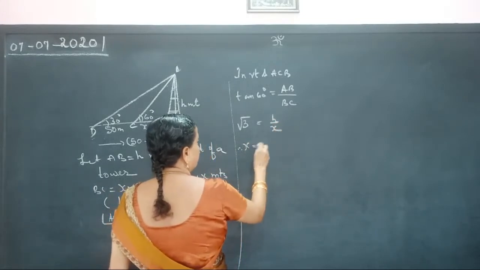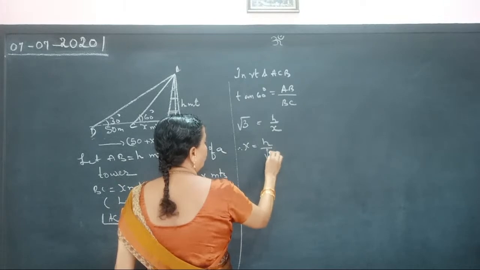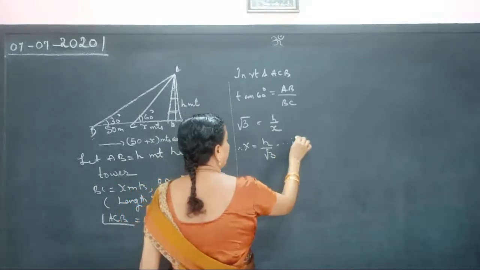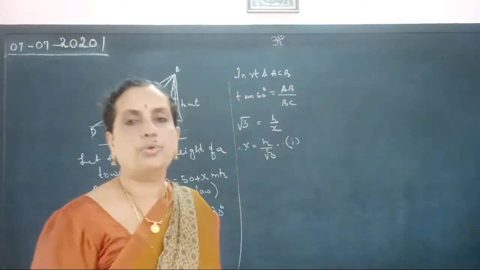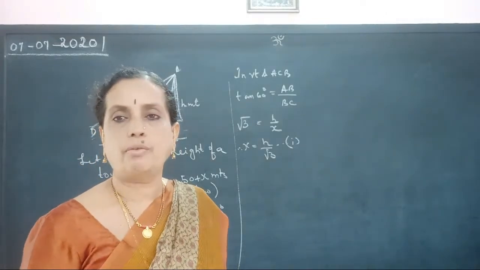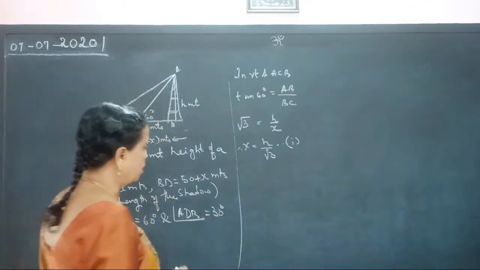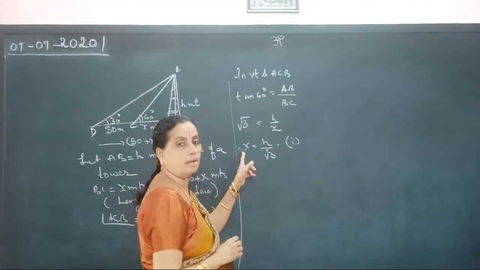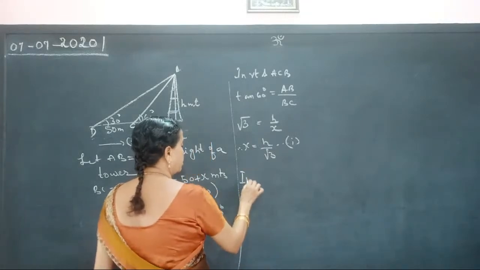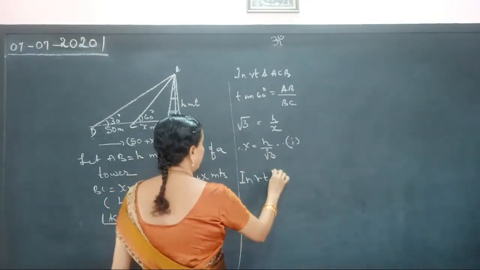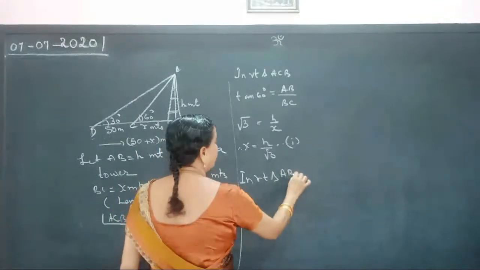Therefore, x equals h upon root 3. Because we require the value of h, we need to substitute x in terms of h. That's why we have considered x in terms of h. Clear? Further, the second right triangle ABD.